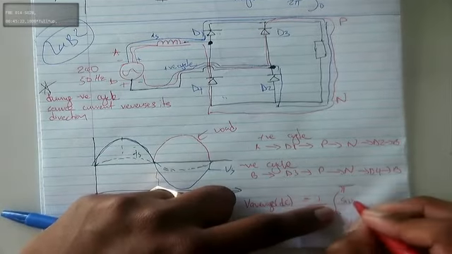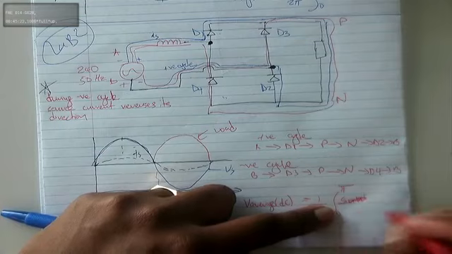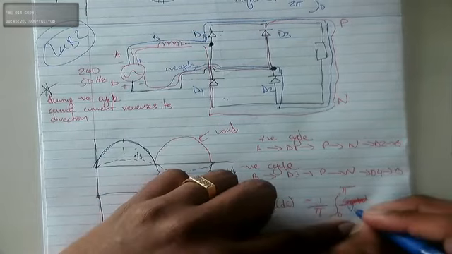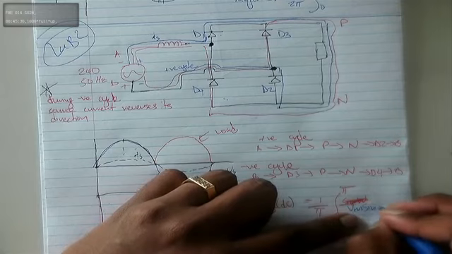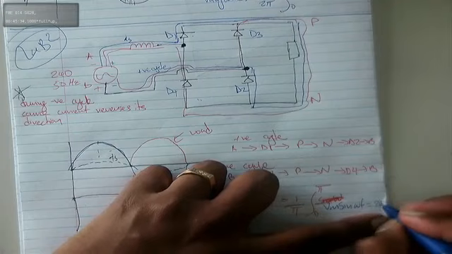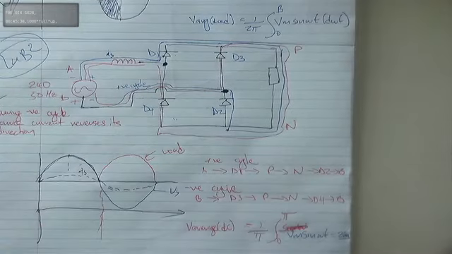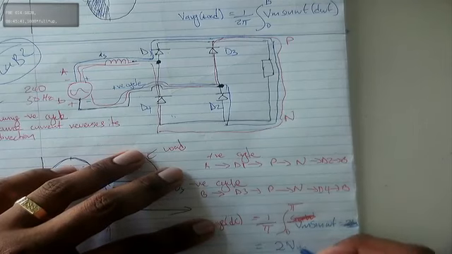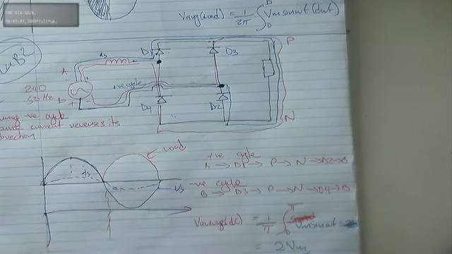So Vm sin omega t, which is the same as 2 Vm divided by pi.